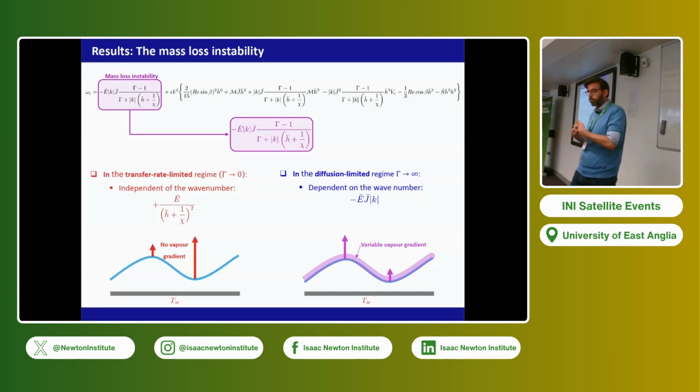This is due to the effect that depends on the shape, since it depends on the curvature of the interface. And so in this regime, obviously a different k means a different shape, and so a different evaporation rate, so a different mass loss instability. One thing is important I would like to note: in Burelbach et al. and Zhu et al., this term was somehow a bit neglected, since it is algebraic.